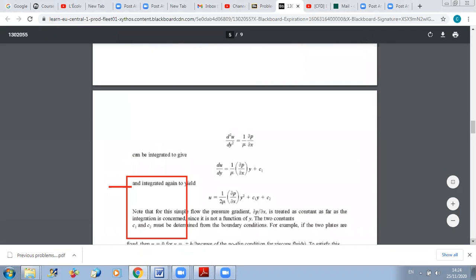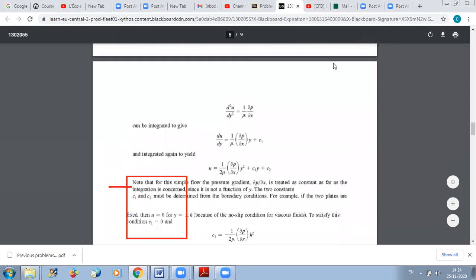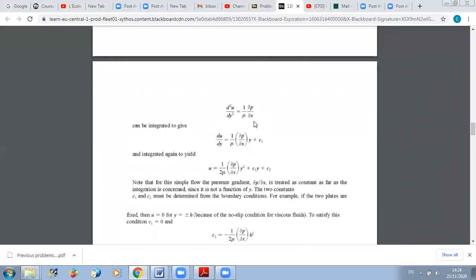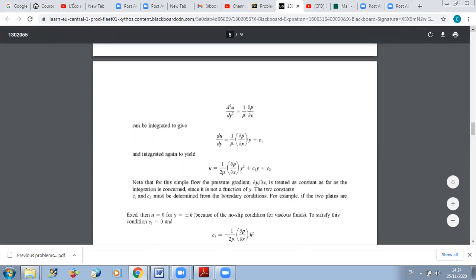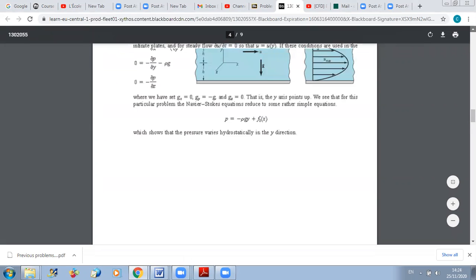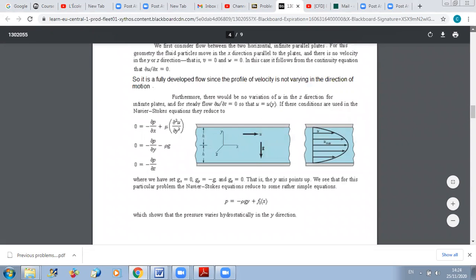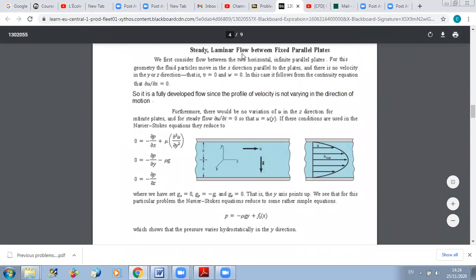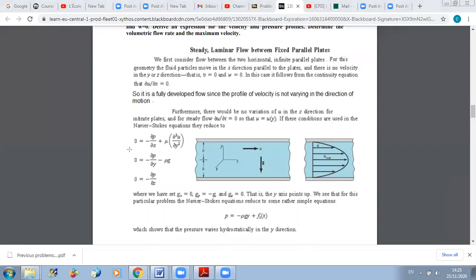From the first relation, I have that the second derivative of u with respect to y is equal to 1 over mu del p by del x. So what can I deduce from this relation first? Before moving to u, from the equation of p, del p by del y is equal to minus rho g.